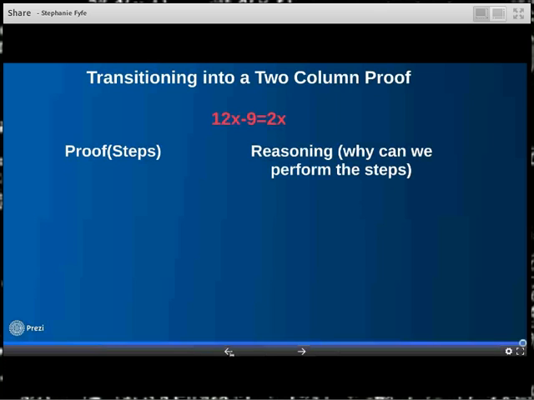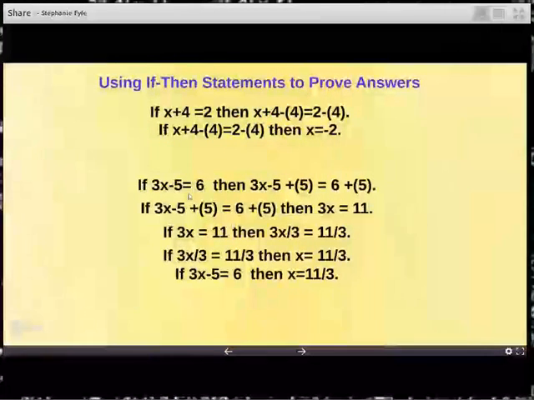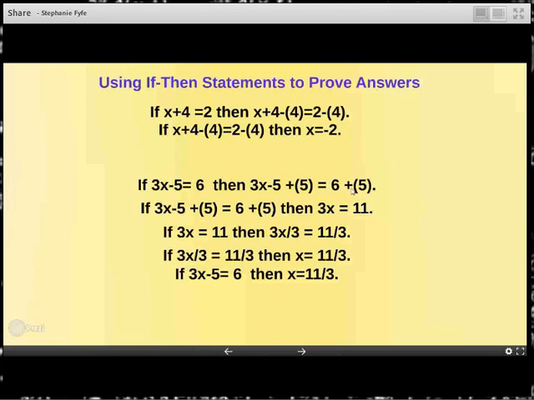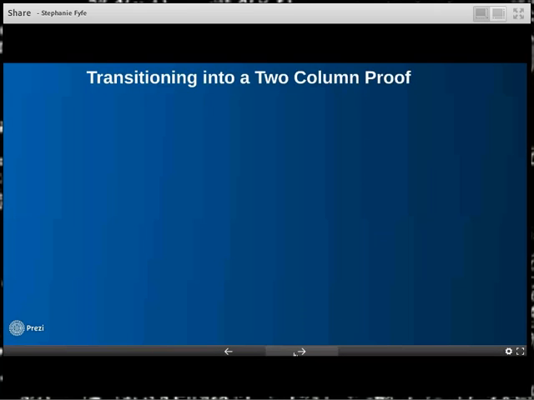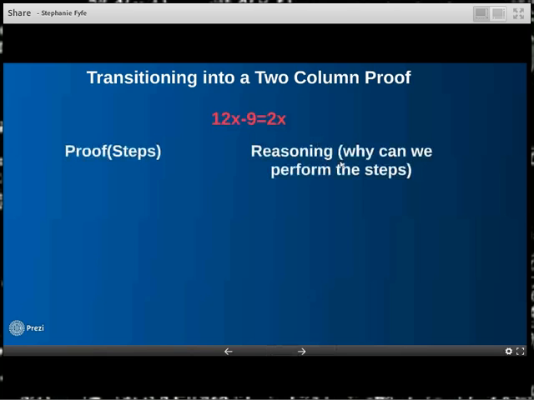Our last proof was nice, but we don't know why we're able to do each of these things. We haven't proven that this is true. We didn't tell them why. In a two-column proof, we'll be able to say the why. So we'll do our steps and then our whys, just like our if-then statements.